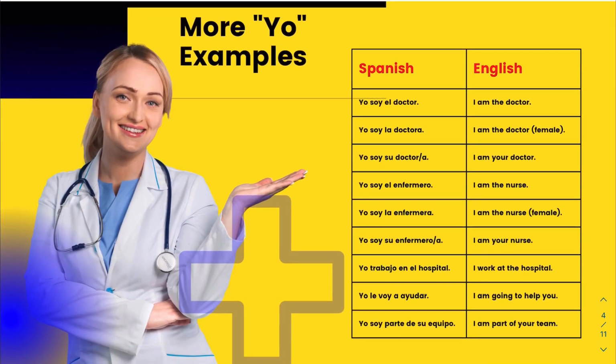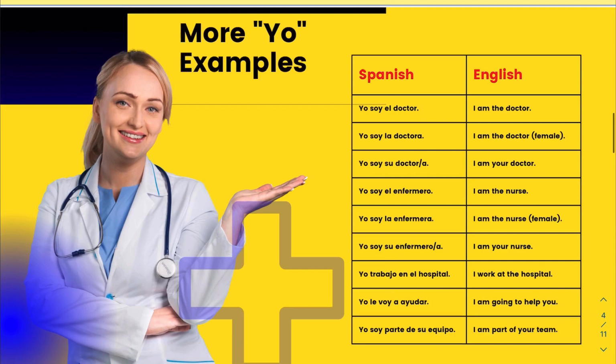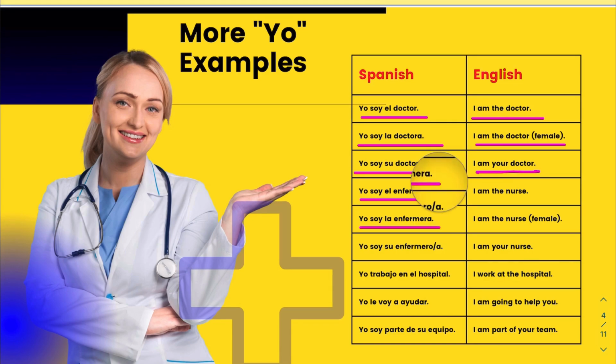Let me also give you more examples. This is a table of yo that comes in handy. Yo soy el doctor, I am the doctor. You can also use yo soy la doctora if you're a female doctor. Yo soy su doctor, I am your doctor. Yo soy el enfermero, yo soy la enfermera, yo soy su enfermero, I am your nurse, or enfermera if it's a female nurse.